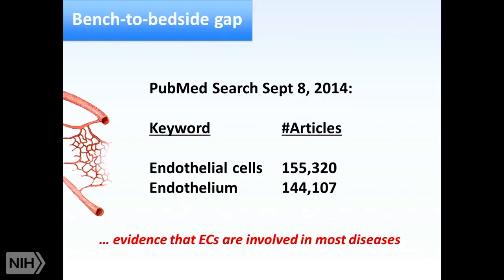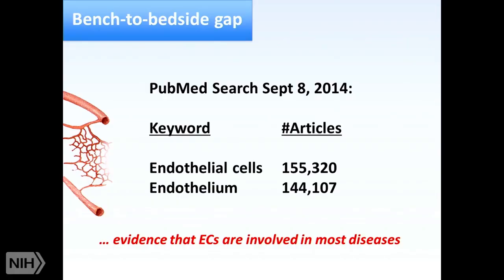I'm going to switch gears now from the level of the capillary to the level of its most important constituent, the endothelial cell. So here's a recent PubMed search in which I entered the terms endothelium and endothelial cells that yielded a total of 155,000 and 140,000 articles respectively.